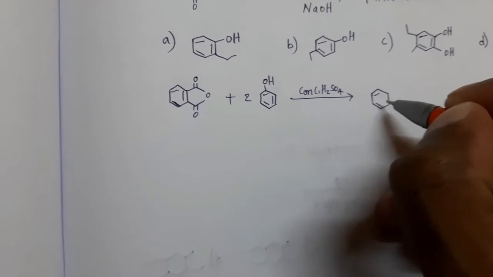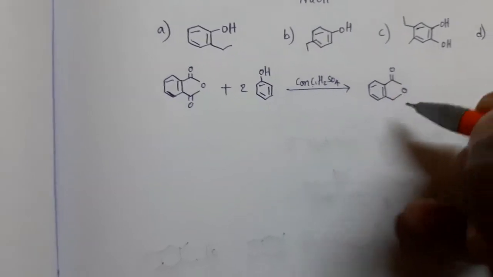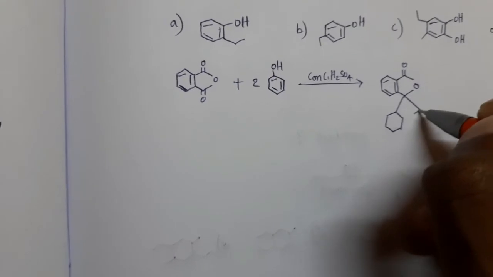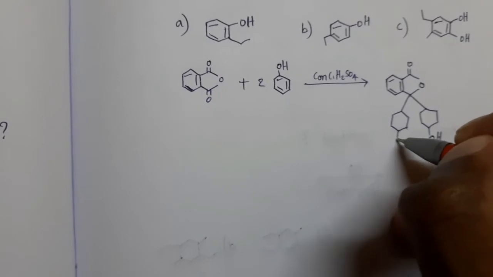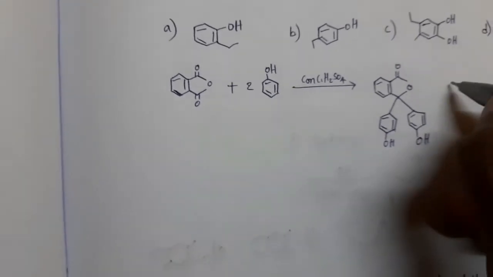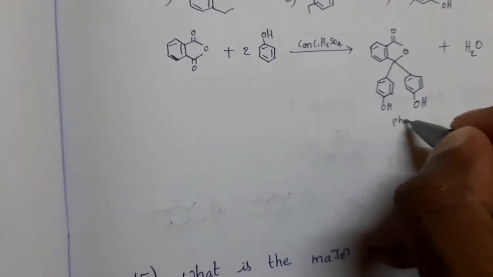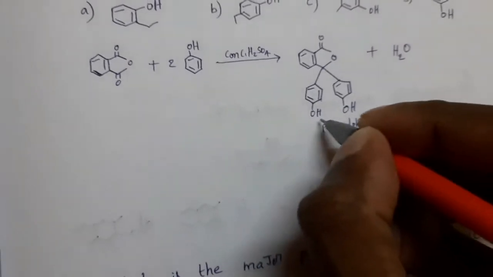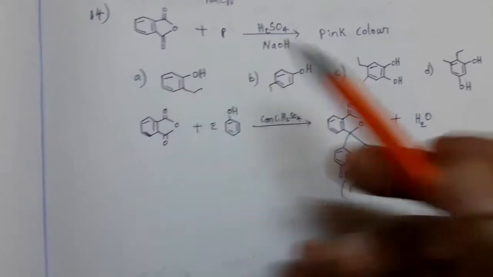This is phthalic anhydride. So this is phenolphthalein. In the same way, the given reaction also we can complete.